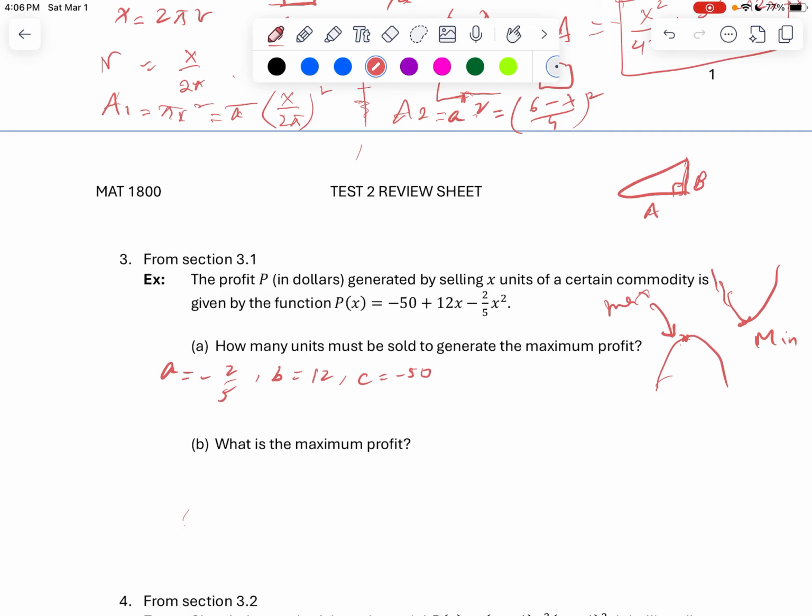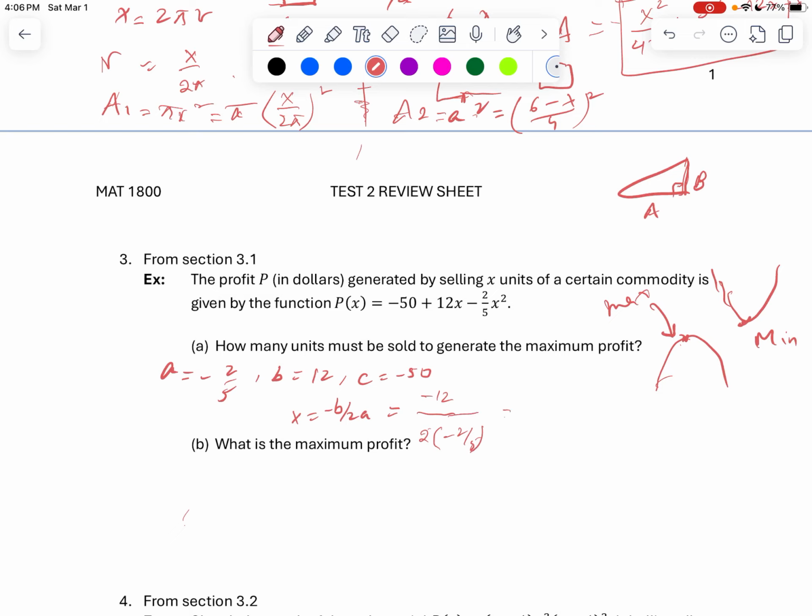So x equals negative b over 2a. You have to remember this formula, and you should write it when you are finding the value. So negative 12 divided by 2 times a. a is negative 2 over 5.